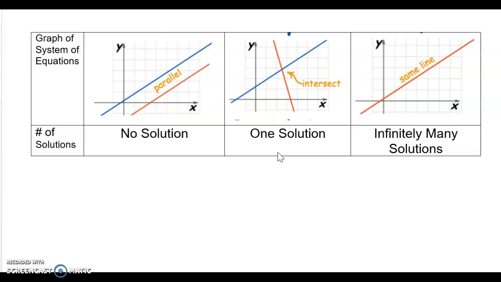And then when you graph two equations, if they form the same line, then there are infinitely many solutions. For right now, just keep track and look at the picture: parallel lines have no solution, intersecting lines have one solution, and infinitely many solutions are caused by one line being the same. Okay?